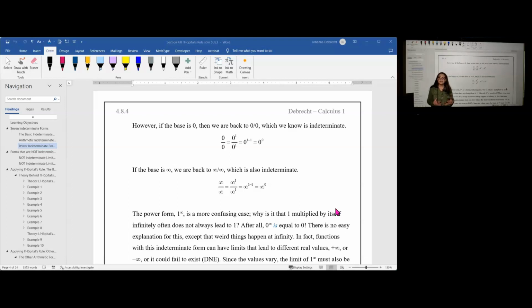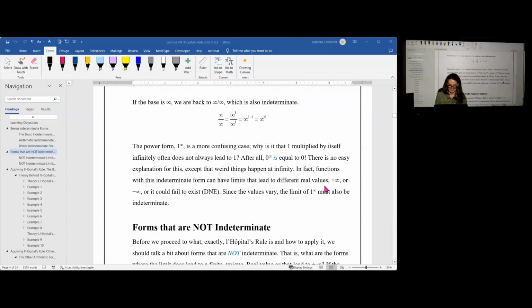Now, why is 1 to the infinite power indeterminate? That's a more difficult question, and I'm afraid I don't have a great answer for you. It is weird that 0 to the infinite power is in fact 0. 0 times itself infinitely often does give you the number 0. But 1 times itself infinitely often is not necessarily 1.